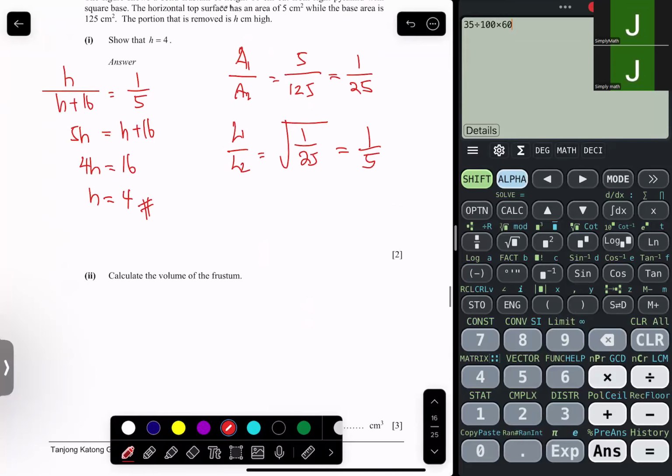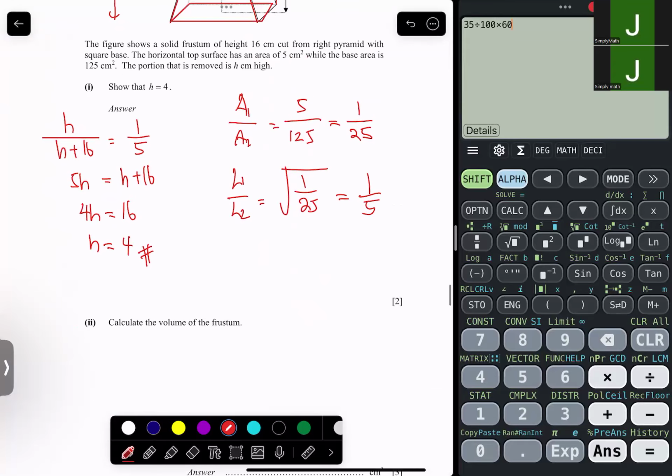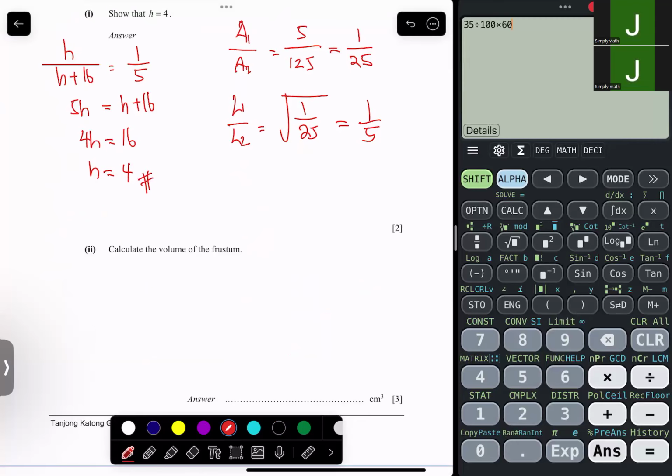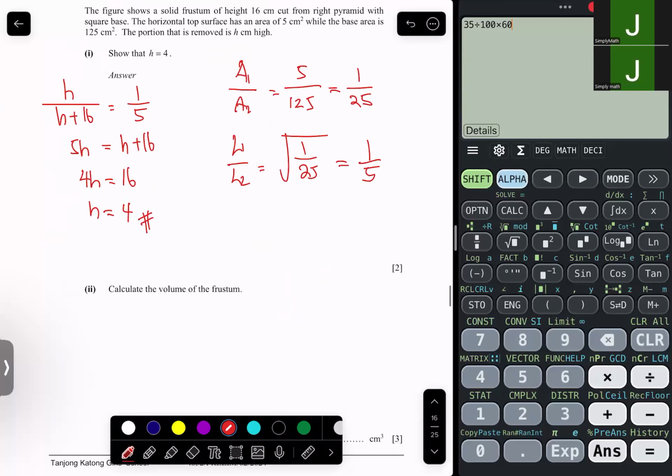Calculate the volume of the frustum. So the volume of a pyramid is what? 1/3 base area times height. So 1/3 times 125 times height, which is 20, minus 1/3 times 5 times 4.